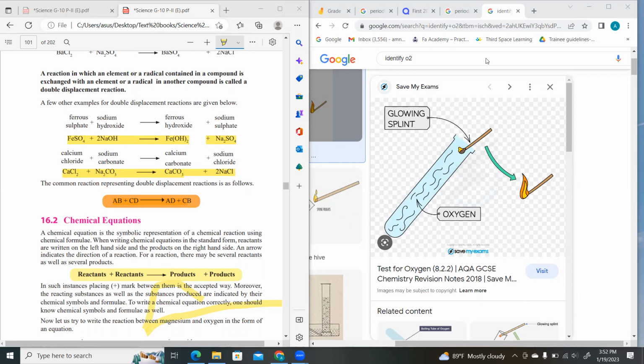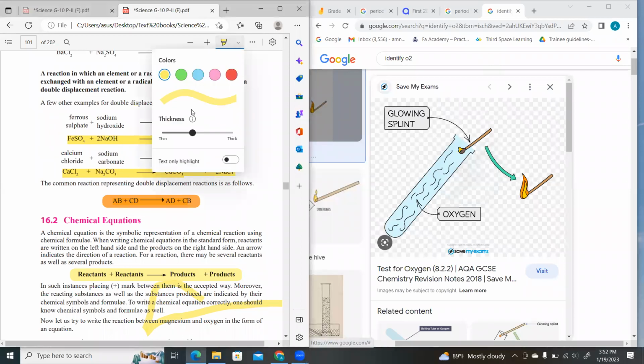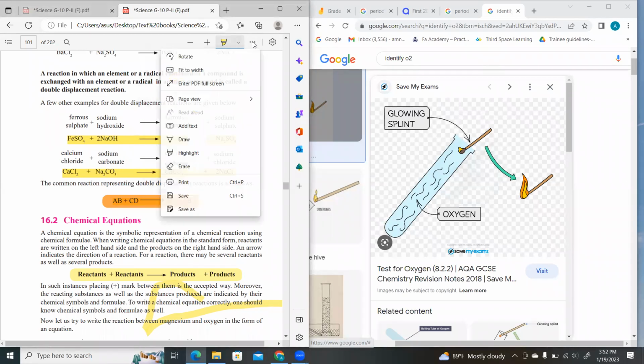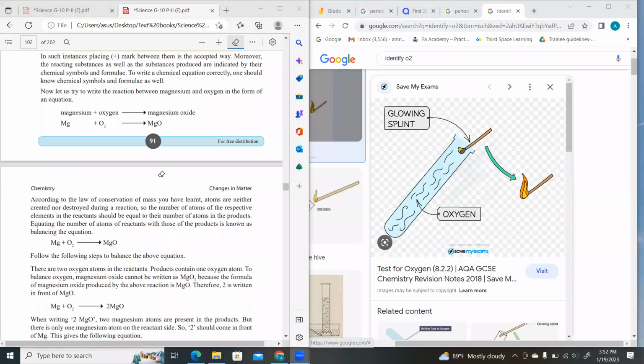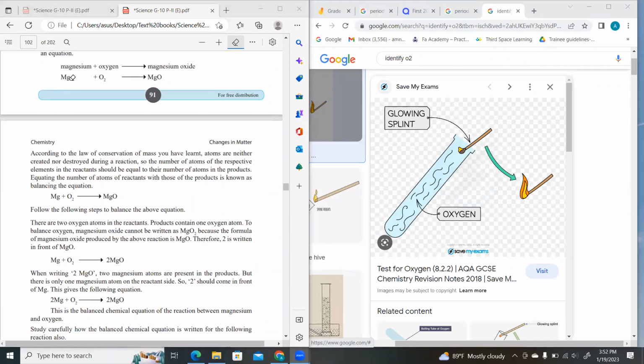Then the next part is this. Chemical equations. Then they have started writing chemical equations. Magnesium reacting with oxygen.